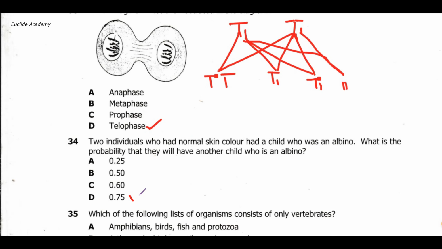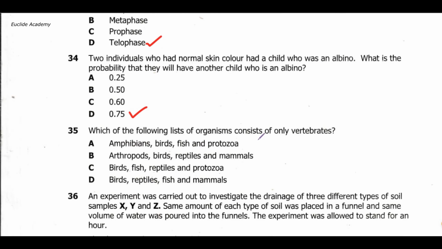So we can see it is 1 out of 1, 2, 3, 4, which is 3/4, so about 75%.